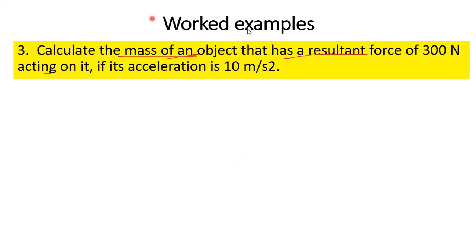So let's also look at this problem now. Here, calculate the mass of an object that has a resultant force of 300 newtons acting on it if its acceleration is 10 meters per second squared.